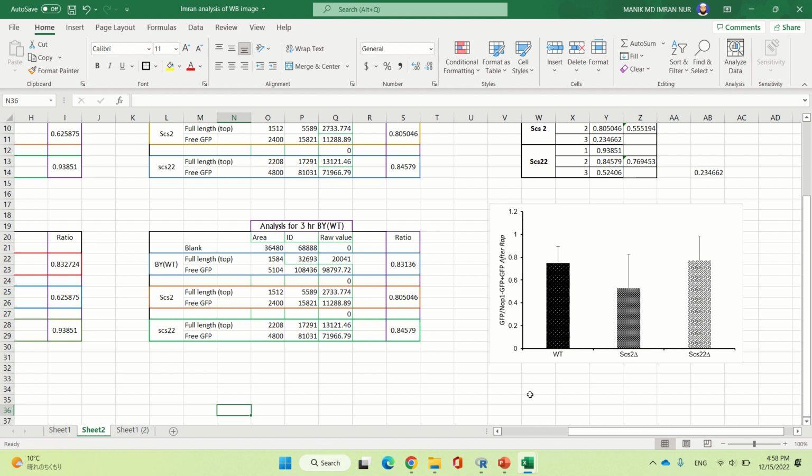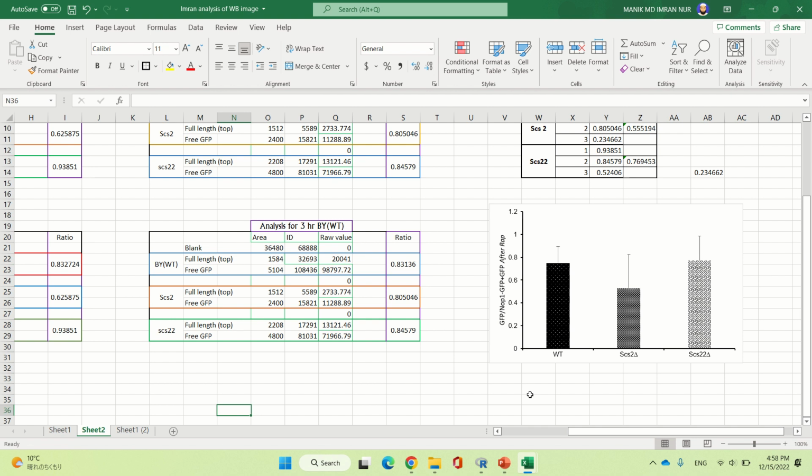Okay, thank you. And I have another query about calculation of the free GFP with the full length GFP. Do I need to take into account the PGK value also? No, PGK is the loading control.